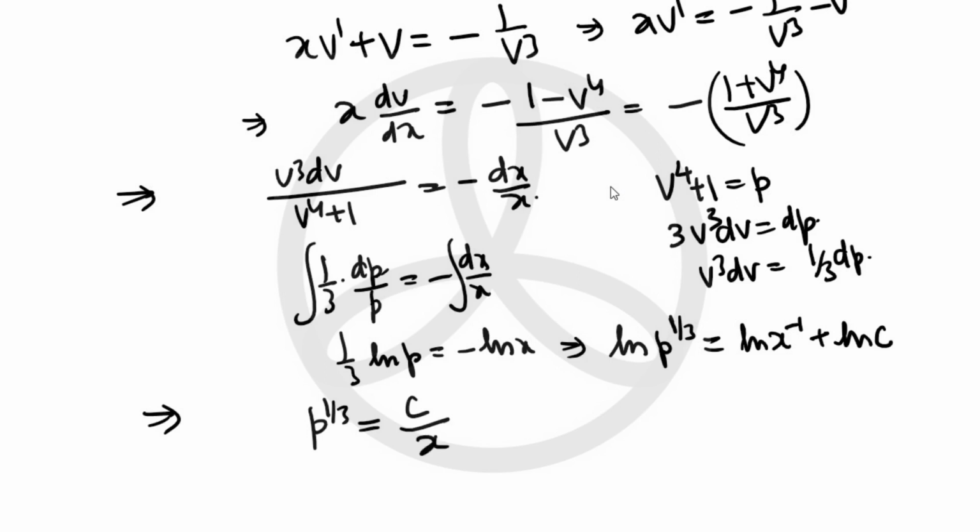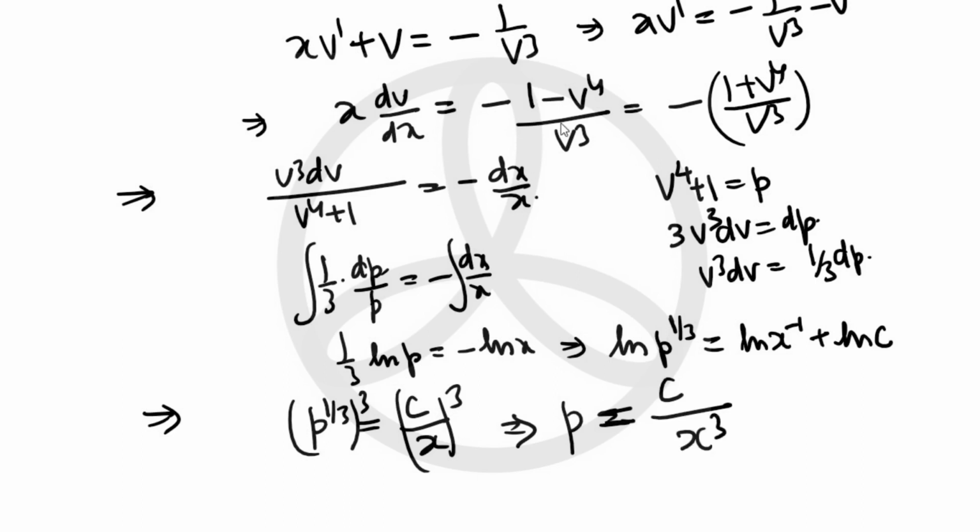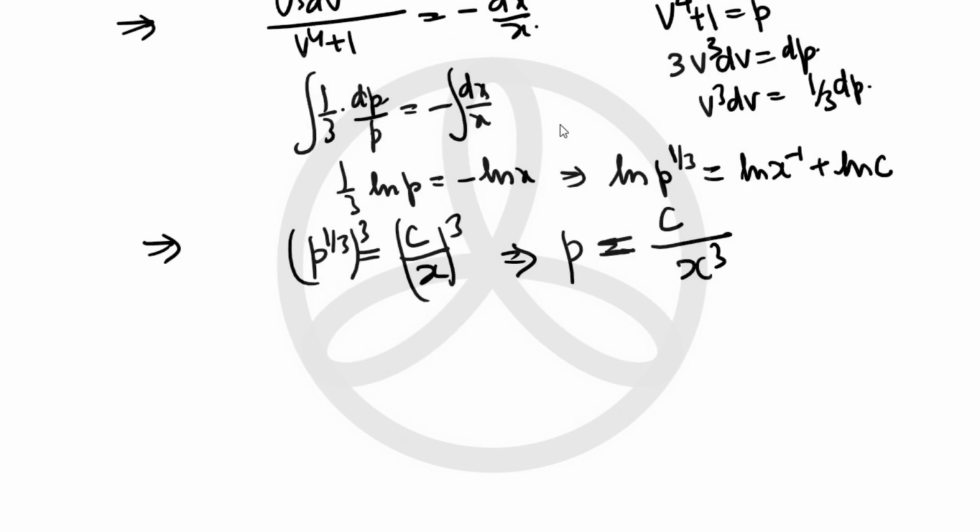And let us raise both sides to the fourth power. Therefore we will get p is equal to c over x to the power 4. I'll write it just as c because that will again remain a constant. So this will be p x^4 equal to c. And what did we take earlier? We took p is equal to v to the power 4 plus 1, and we took v is equal to y over x.